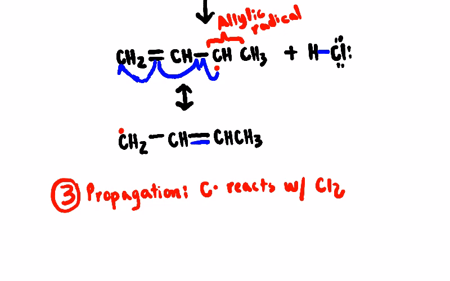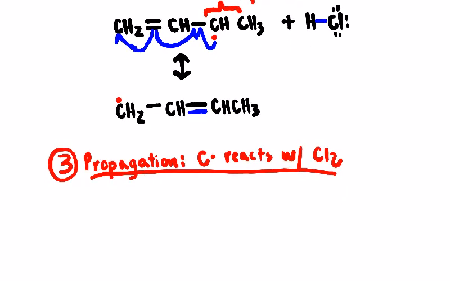The other thing it's going to do is regenerate chlorine radical to go through additional propagation steps. So our two possible scenarios correspond to our two allylic radicals. I'm just going to copy those two allylic radicals from up top down here into this step and show the reaction of both of them, and we will get product corresponding to both of these possible structures.